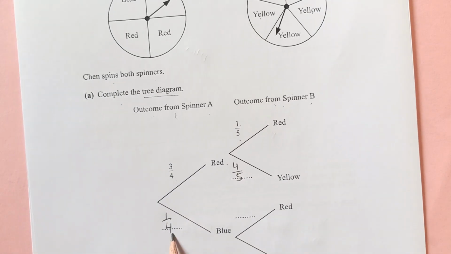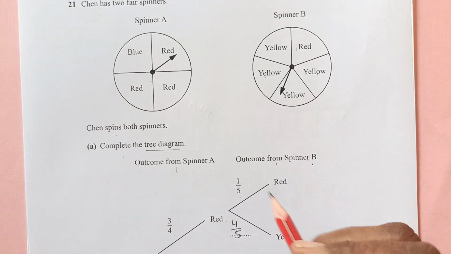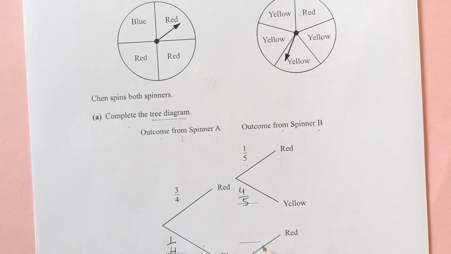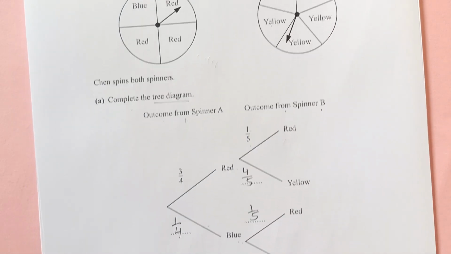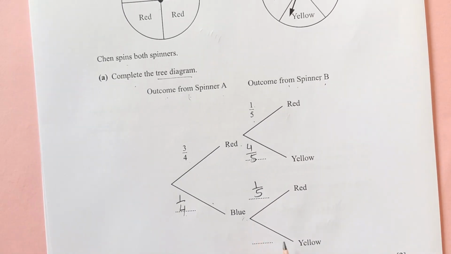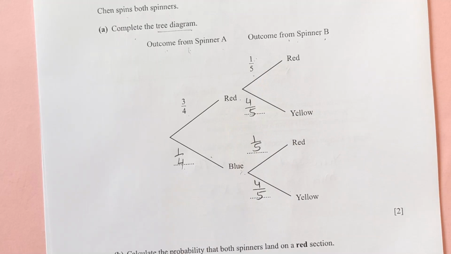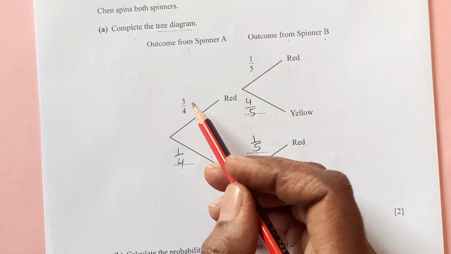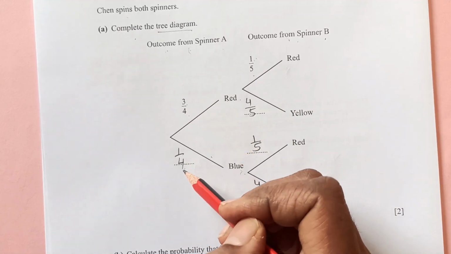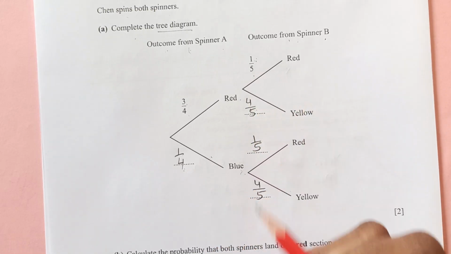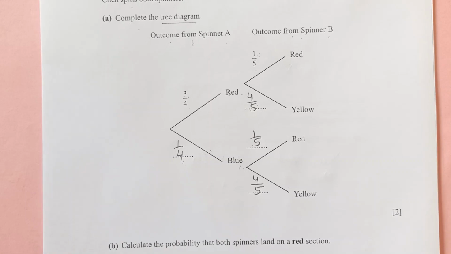So this is 1/4, and for the red, if they got blue for spinner B, then the red will be 1/5, and for the next time it is going to be 4/5. So make sure that when you add them it becomes 1. 3/4 plus 1/4 is 1. 1/5 plus 4/5 is 5/5, which is 1. So this is how you will complete it.